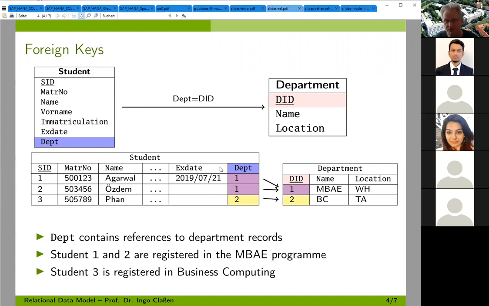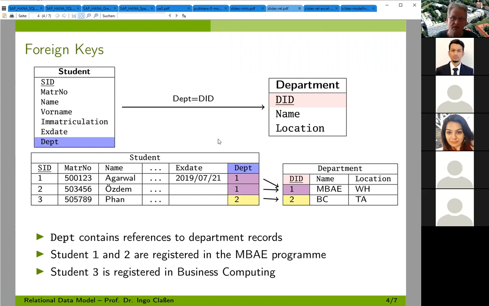For example, if you were in a university where a student could be enrolled in many departments, this would be a wrong data model for that university. That's also an important aspect of data modeling. Data models should capture the reality of the specific area they are talking about. At the HTW, you can only be enrolled in one department, so for HTW that would be okay, but for a different university it might not be okay.